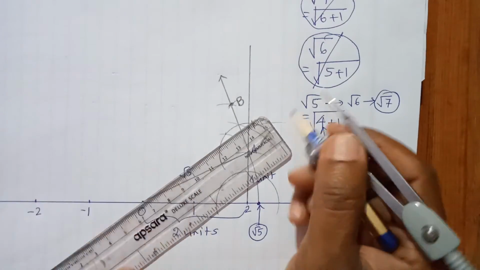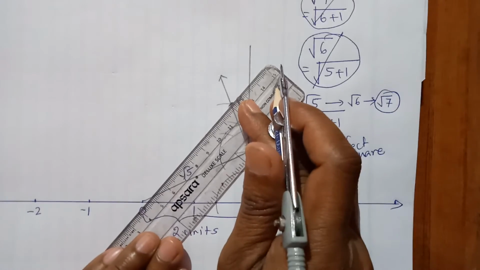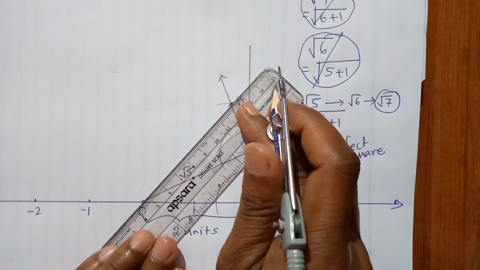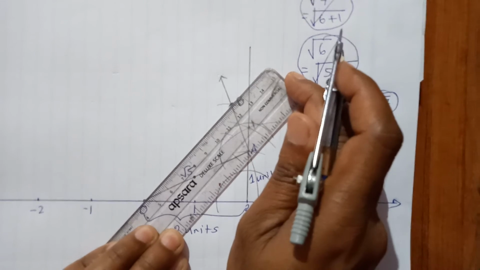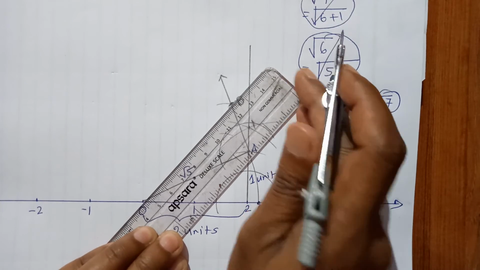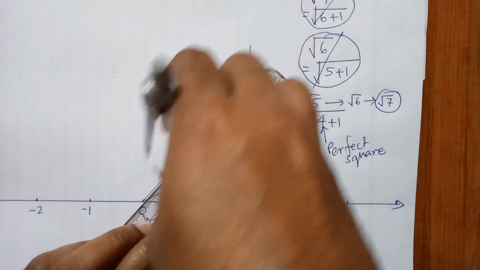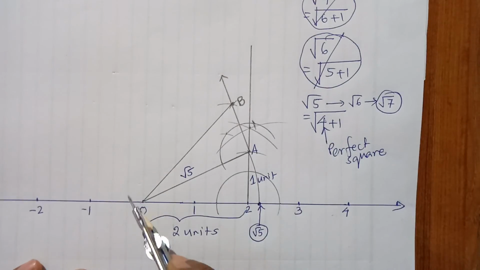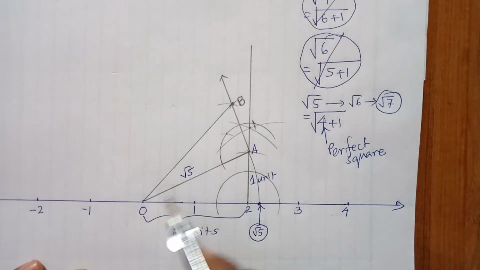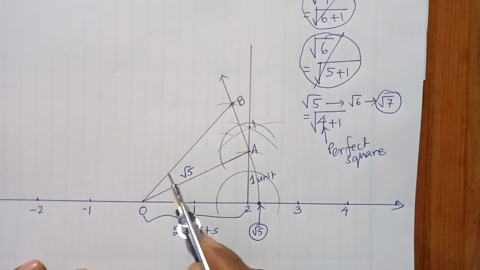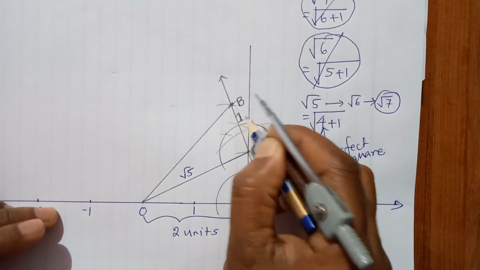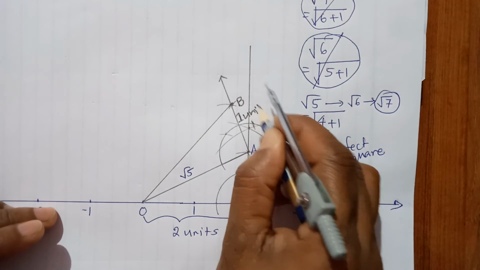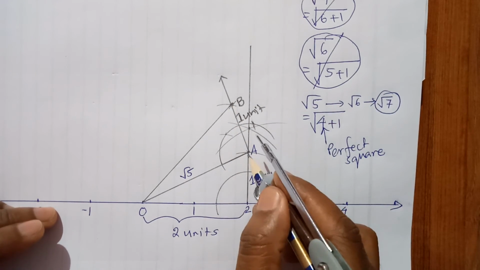Then again join this. So now this portion is a right triangle. This is your root 5 and this is your 1 unit.